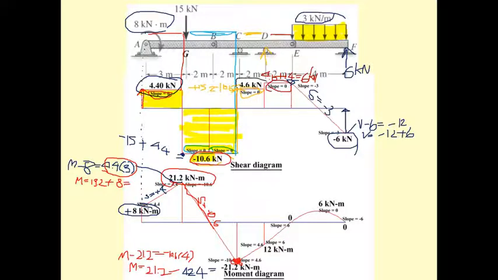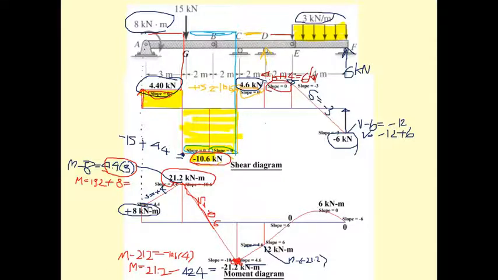The next portion, the shear is 4.6, so the slope along here is going to be positive 4.6. So it's going to be upward in this direction, and the M here is going to be minus 21.2, and then it's going to be the area here.